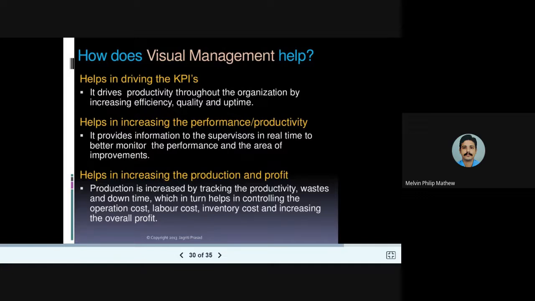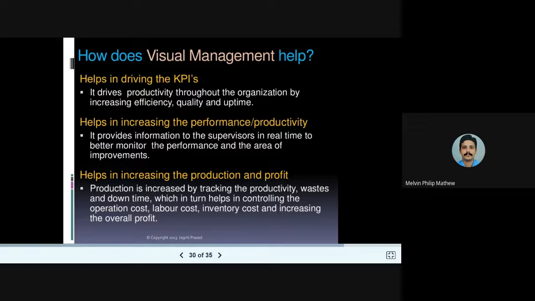Once you study that, by eliminating the wastage or the problem, we can increase the performance and productivity. Maybe it is a downtime occurring on day one. If you eliminate that downtime, you will get more productivity in the following days. Maybe on day three, we will get even higher productivity, or the same, 110 itself, or maybe 115. So this helps in increasing the performance or productivity.